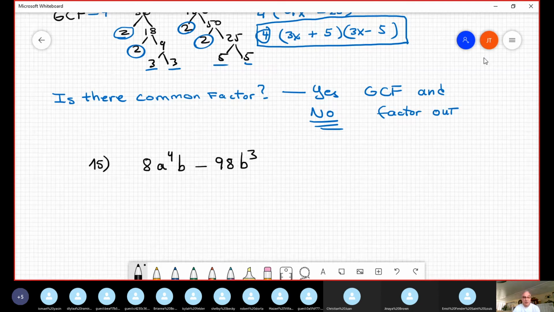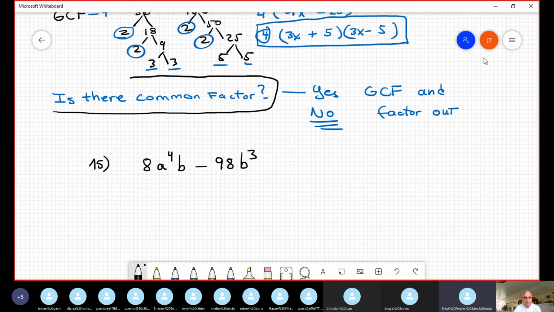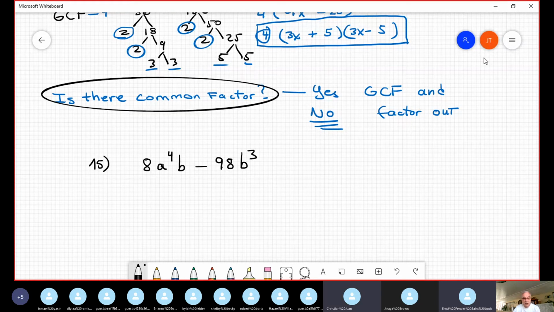I can see it is a binomial. Is there a common factor or not? What do you think about that question? We're going to break it down, but I think it's 8. I don't know. 4. You don't know the specific procedure.